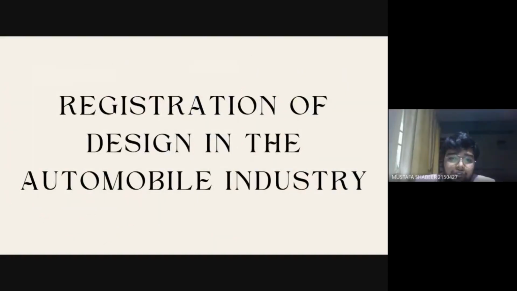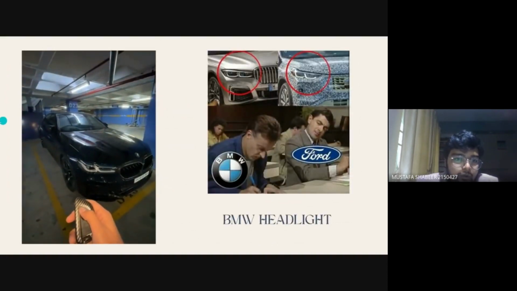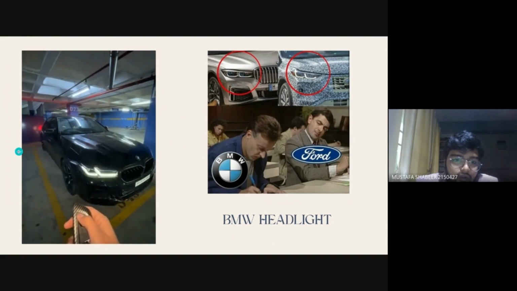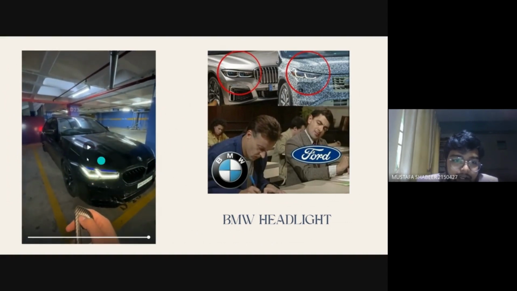So the registration of design in the automobile industry. In this particular video, you see the BMW and the headlights over here. The headlights have a particular sort of design, which is the L-shaped design, which can be pointed out over here.